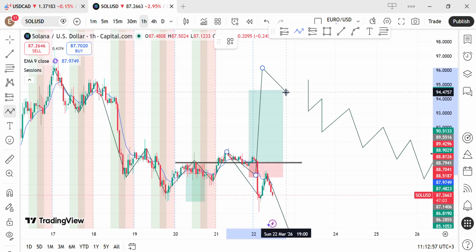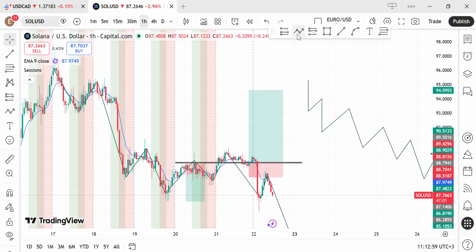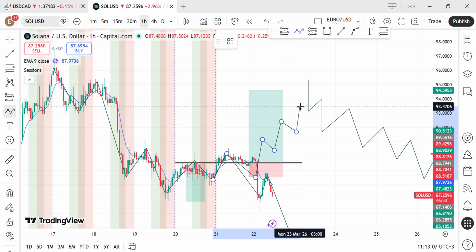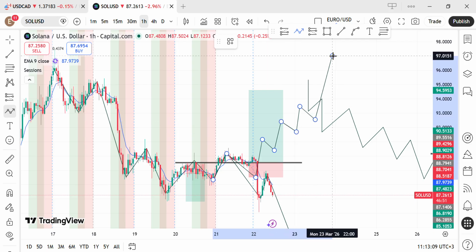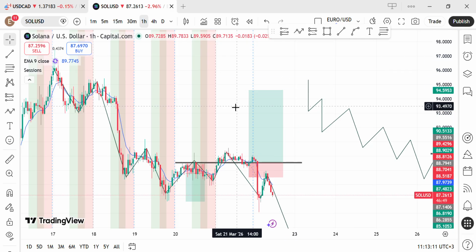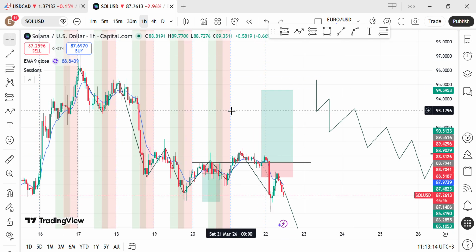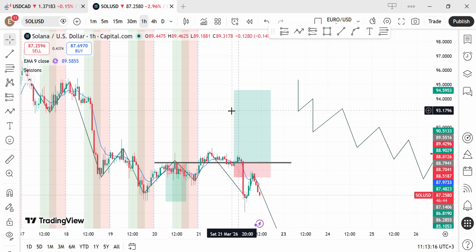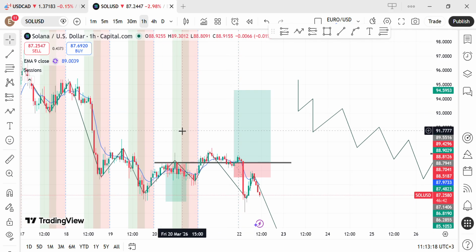So it was to form something like this, all the way till it reaches this level. But price decided not to do that. Why? Which brings me to the fake outs. Fake outs. You see this level?